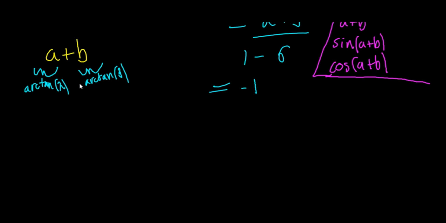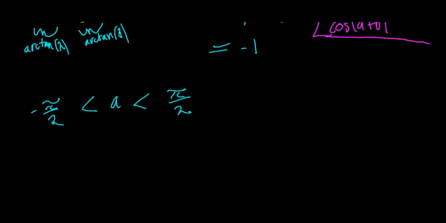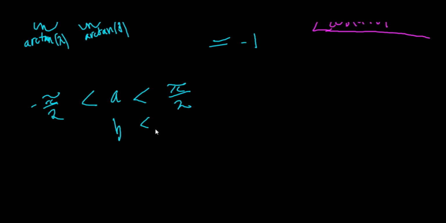That is, the arctangent function sends any real number x to some number in between negative pi over 2 and pi over 2. So this tells us that A is less than pi over 2 and greater than negative pi over 2. And same thing with B: B is less than pi over 2 and greater than negative pi over 2.